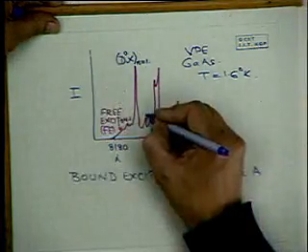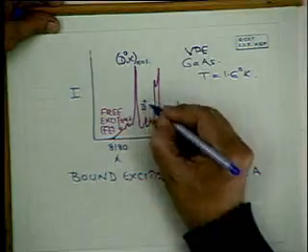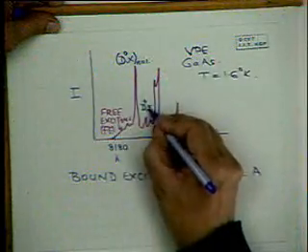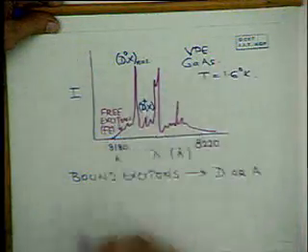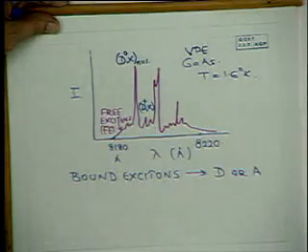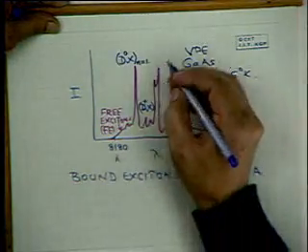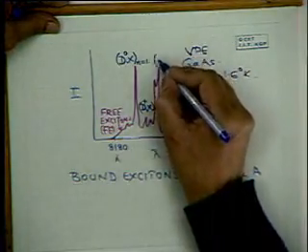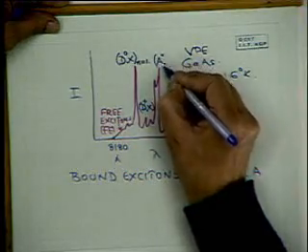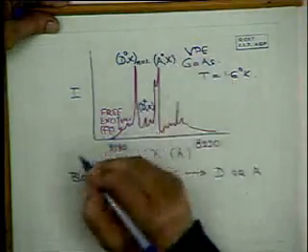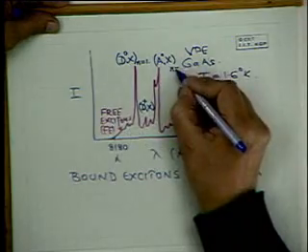The feature here is an exciton bound to a positively charged donor. This peak is due to an exciton bound to a neutral acceptor, n is equal to 1.